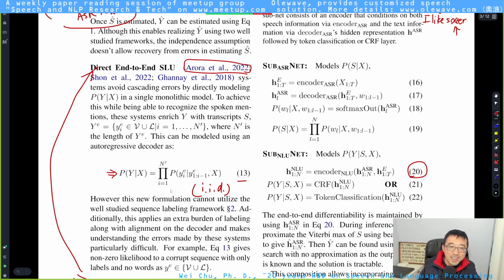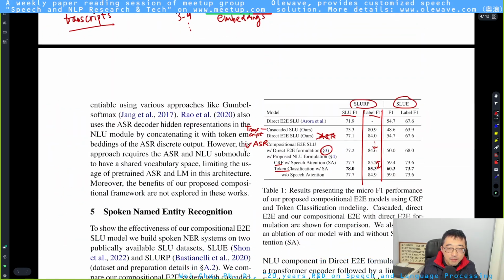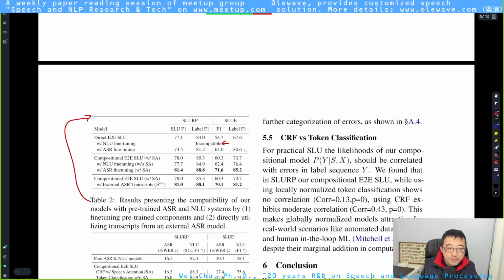I didn't read it. They might have a flowchart over there. So this is the reason why I couldn't quite understand what they're talking about here. But I can understand the compositional end-to-end SLU with the speech attention. So it's easy to understand. You can just tune on the NLU part.